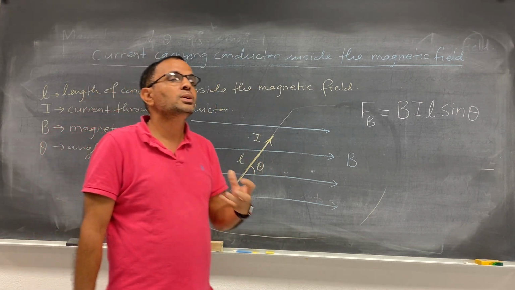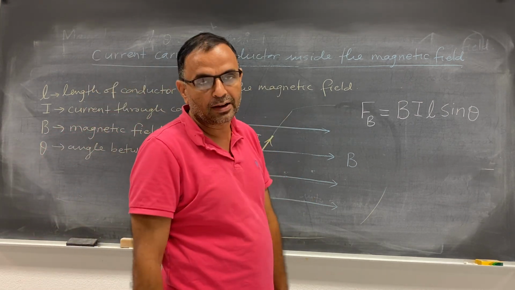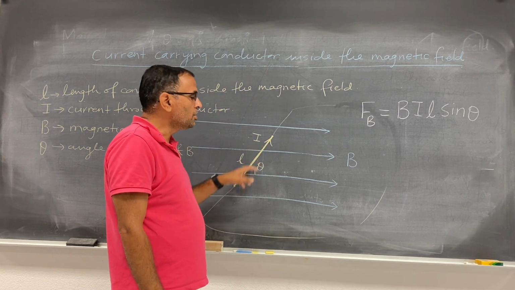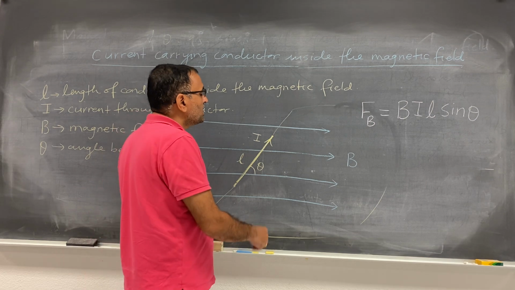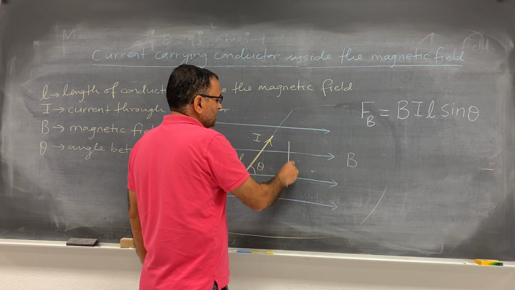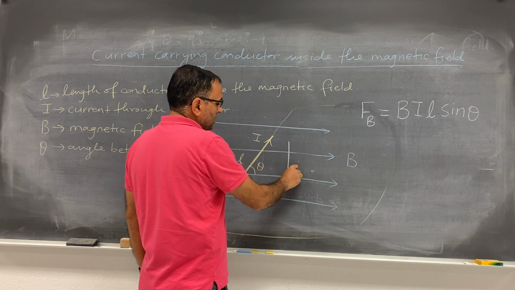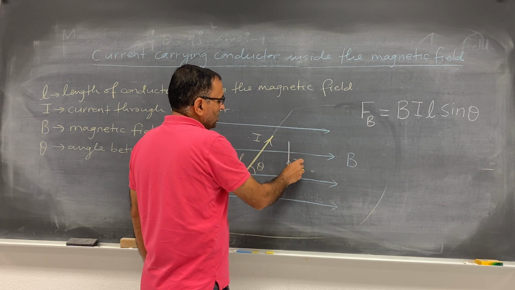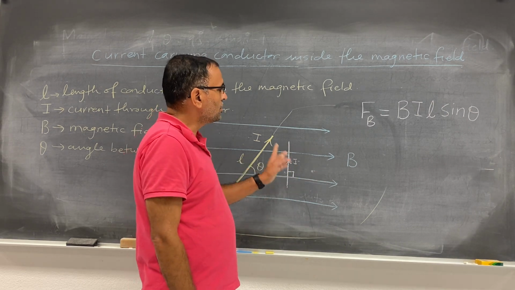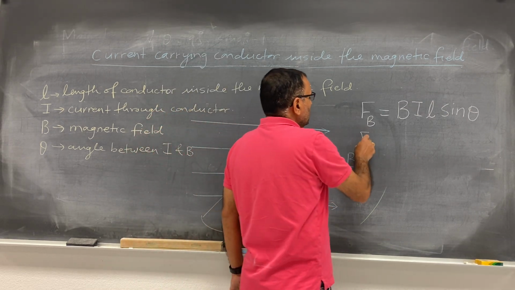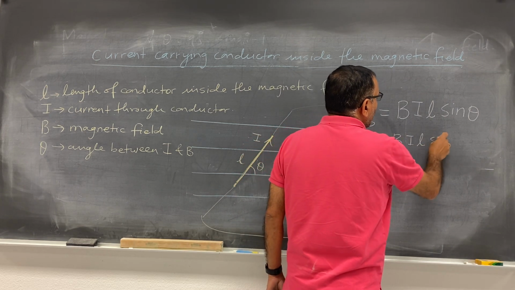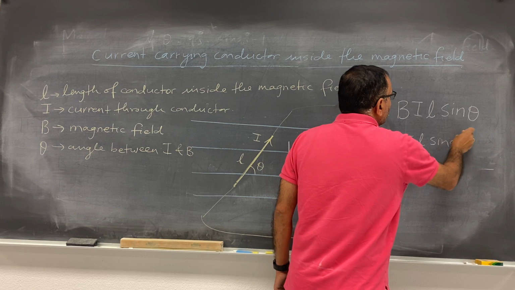Now when do you get the maximum force? When the conductor experiences the maximum magnetic force. Let us suppose the conductor is like this. Look, the current is in this direction, and this angle is 90 degrees. The angle between B and the current is 90 degrees. That means F_B equals B I L sine 90 degrees.